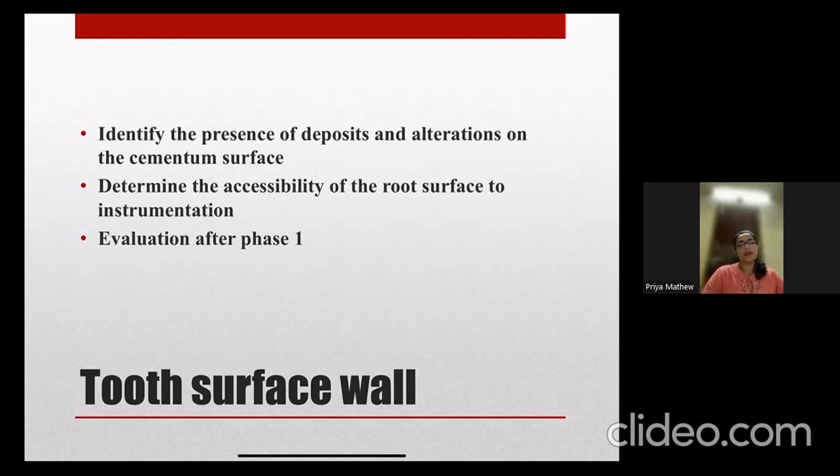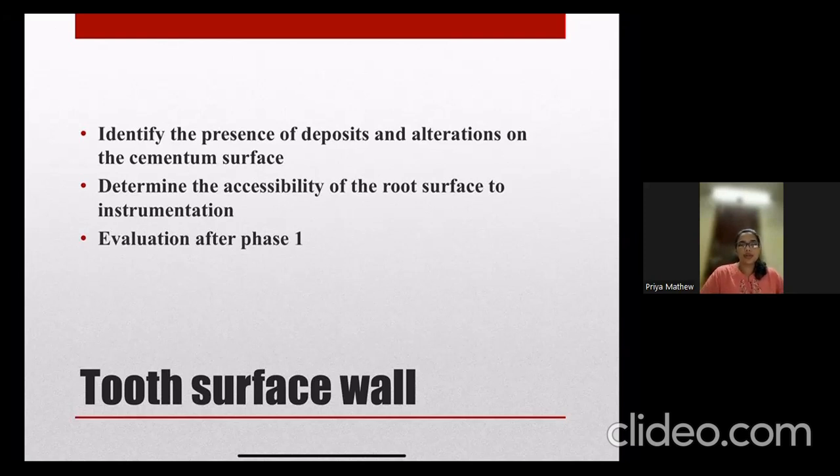By root planing, we get a smooth, glassy root surface, by which there is a decrease in local factor deposition, and it also enhances the soft tissue wall attachment that we get after soft tissue wall correction.